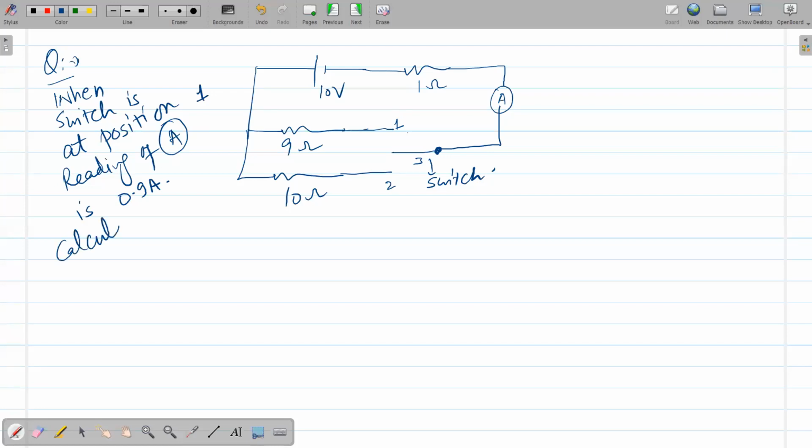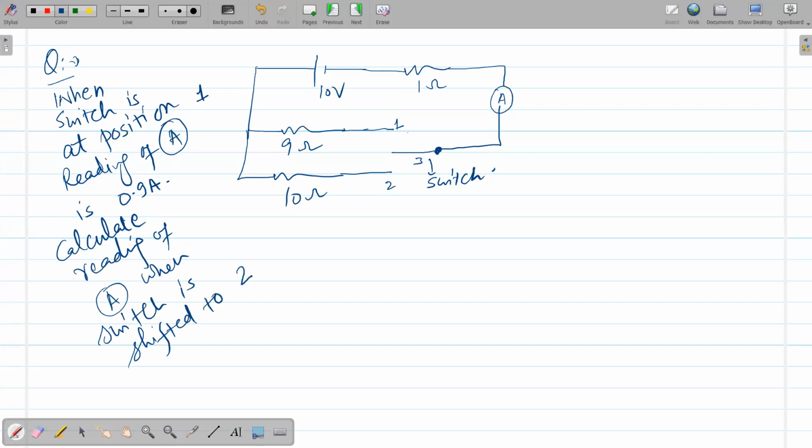Calculate the reading of the ammeter when the switch is shifted to position 2. Okay, think about it.